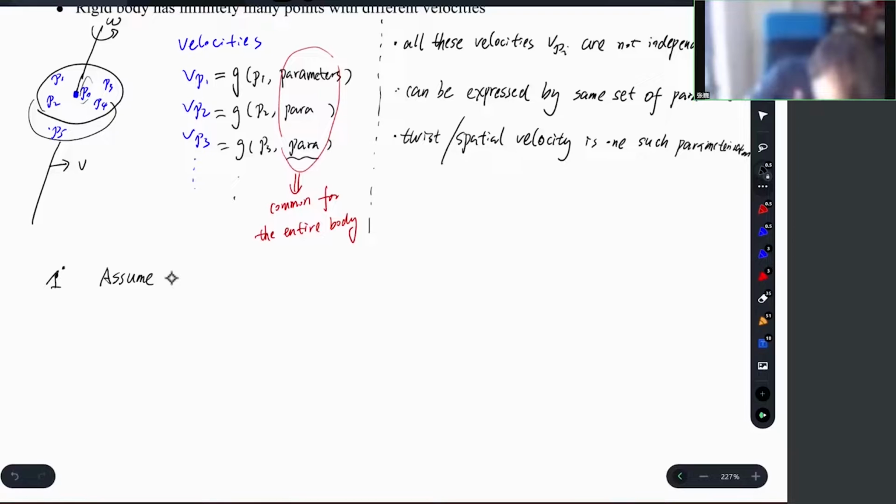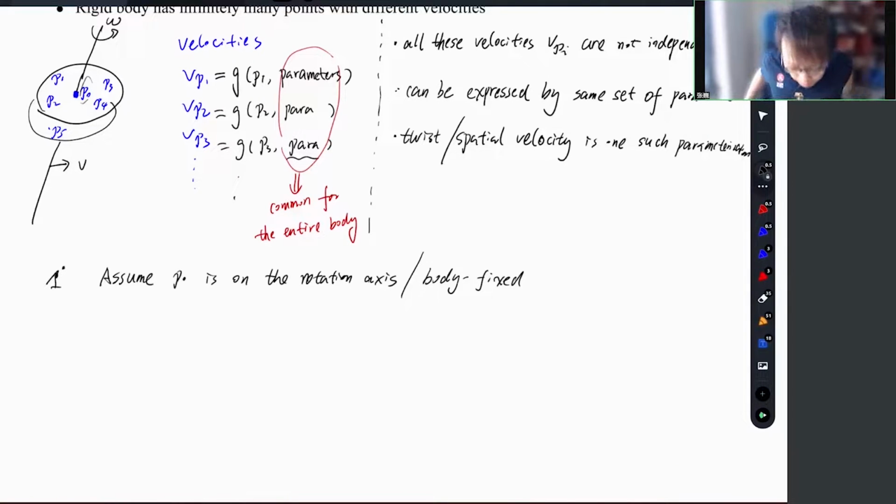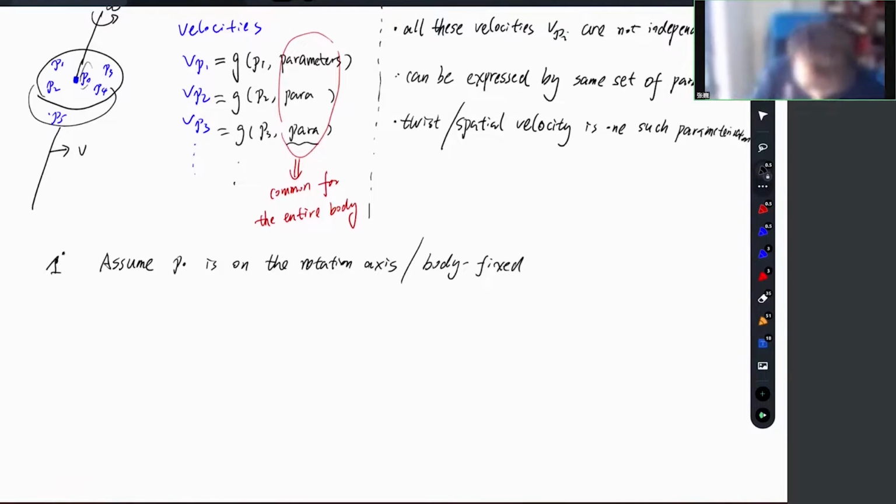Let's assume p0 is on the rotation axis, and it's body fixed. Body fixed only means it moves together with the whole body. So the question is, how do we use its linear velocity vp0 to express other velocities?